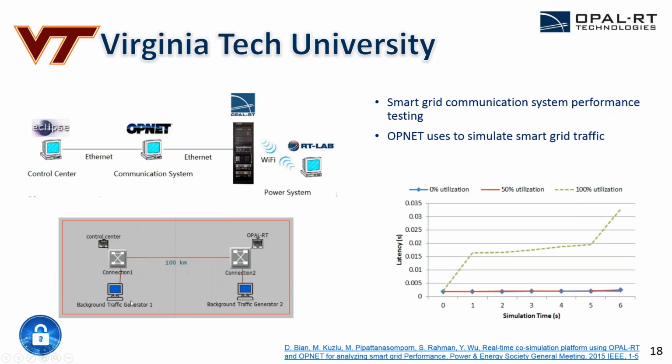And they're adding background traffic. So the idea here is they want to simulate smart grid traffic. What they've shown is that as they increase the utilization of the network, as they flooded the network with background traffic, they're actually increasing the latency of the system. So this is adding delay larger than the natural delay of the distance.